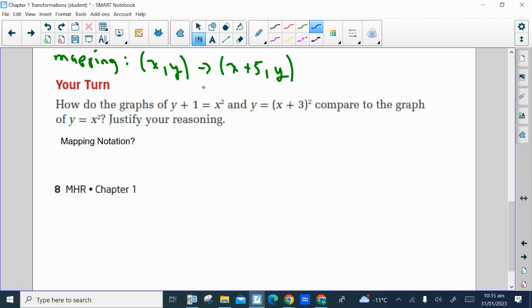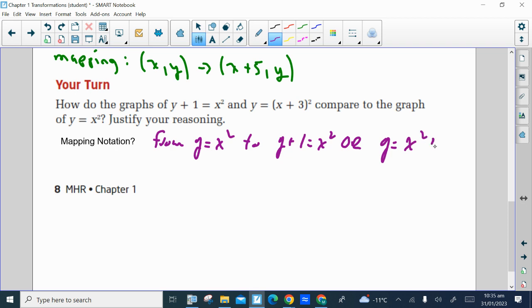So for the first one, if we go from y equals x squared to y plus 1 equals x squared, or y equals x squared minus 1, we get y by itself here. We have to subtract 1 from both sides. This is a k value of negative 1.